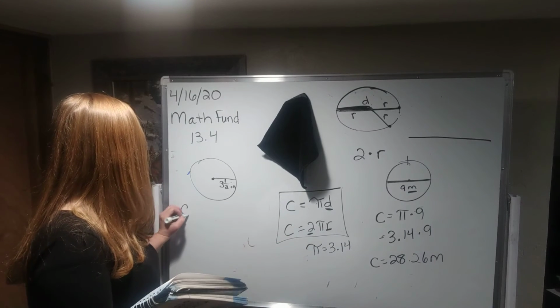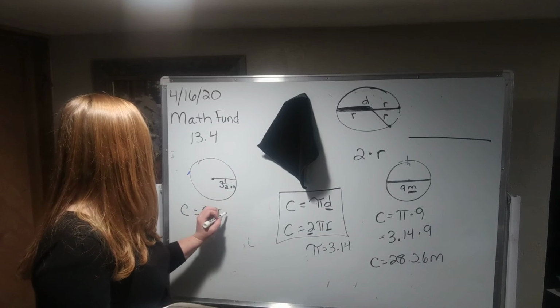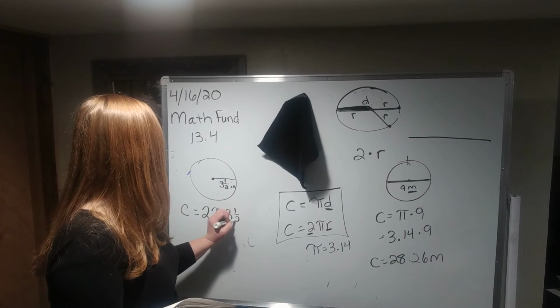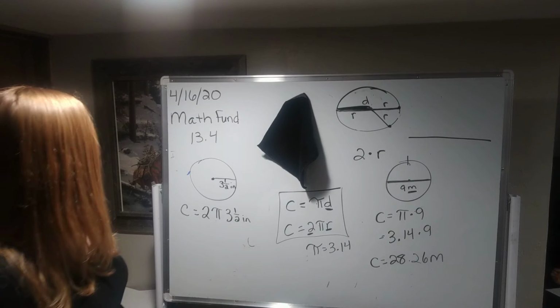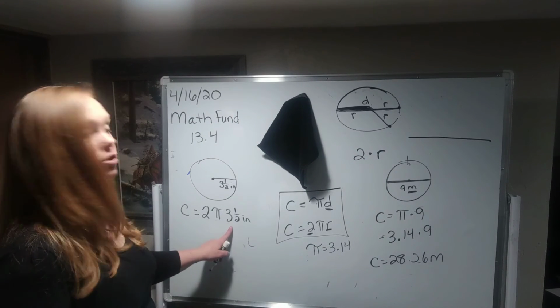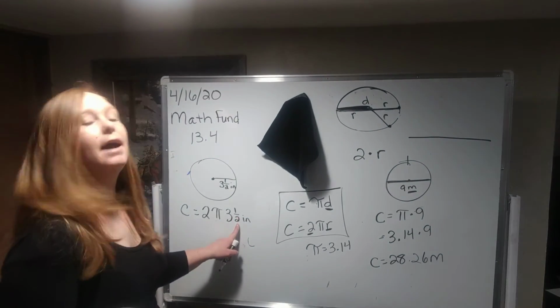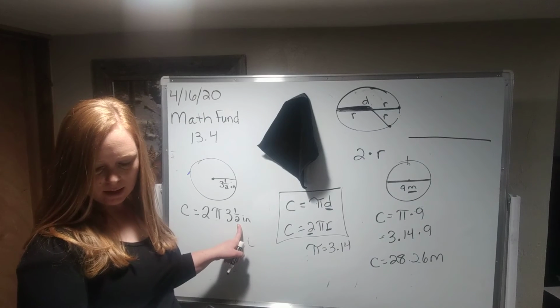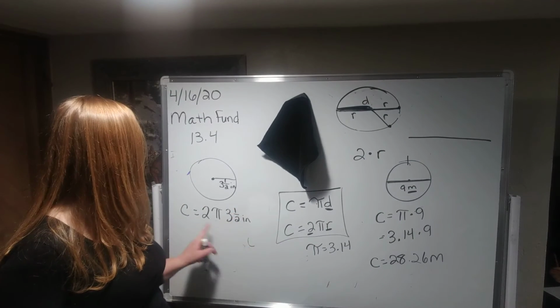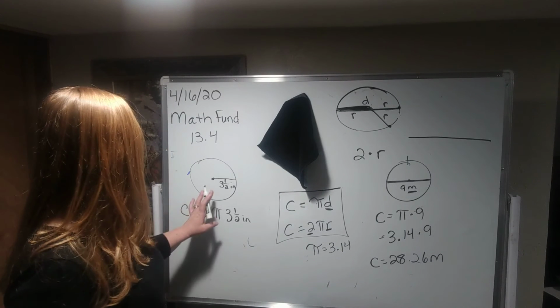We're going to say C equals 2 times pi times the radius, 3 1/2 inches. Okay, so we could change this into an improper fraction if you want to. We could change 1/2 into a decimal and work with it that way. I think maybe we'll do it the fraction way because that's what they've done in our example.